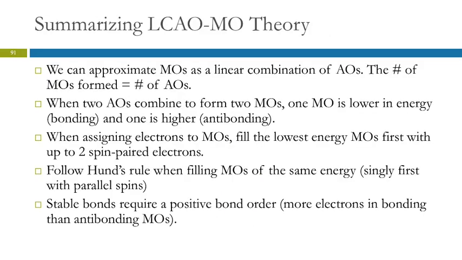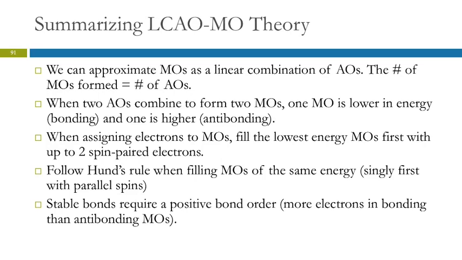So, a summary of what we've talked about for molecular orbitals. We approximate molecular orbitals as linear combinations of atomic orbitals. And you're going to have the same number of molecular orbitals as you had atomic orbitals. When you combine 2 atomic orbitals, you're going to get 1 molecular orbital that's lower in energy and 1 that's higher. The lower is called a bonding orbital, the higher energy one is called an antibonding orbital.